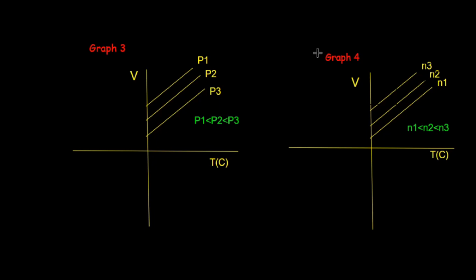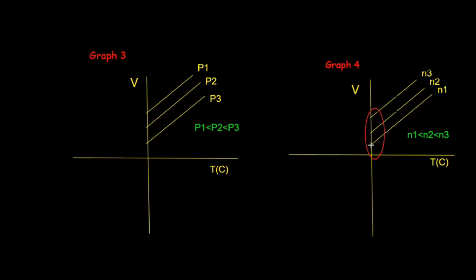You can see here that when the number of moles is N1, then at 0 degrees Celsius volume is lower, and at N2 volume is greater. For N3 volume is further greater than N1 and N2, which indicates that when the number of moles is increased, volume has increased.